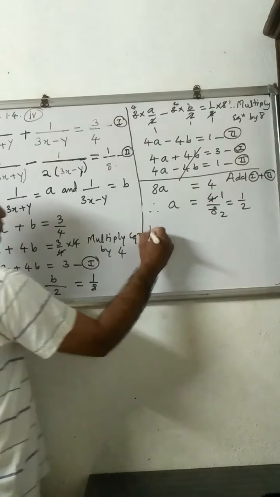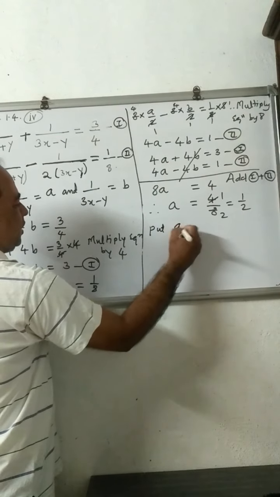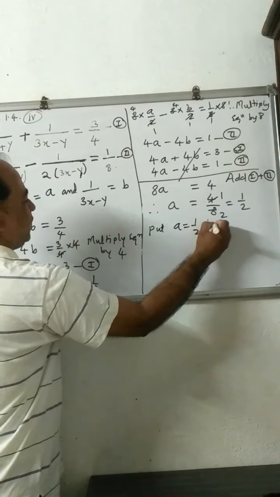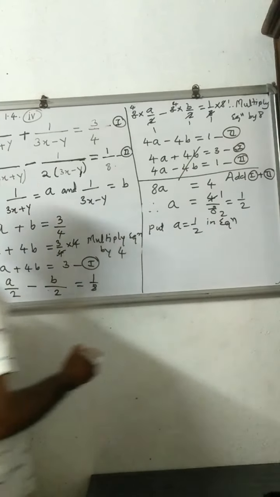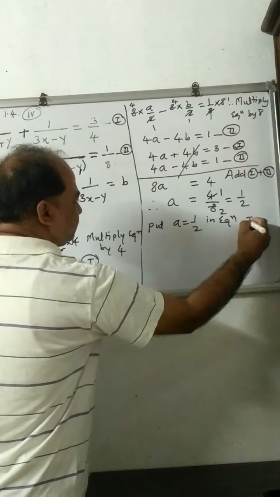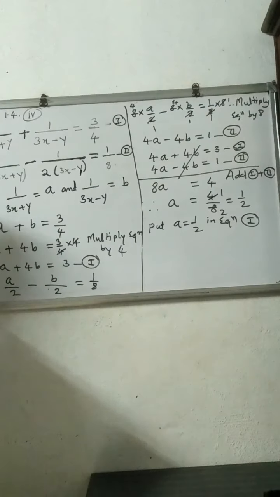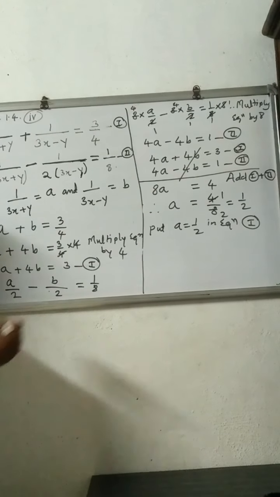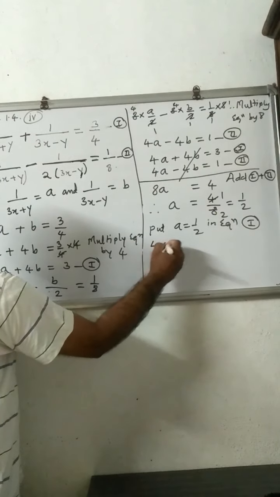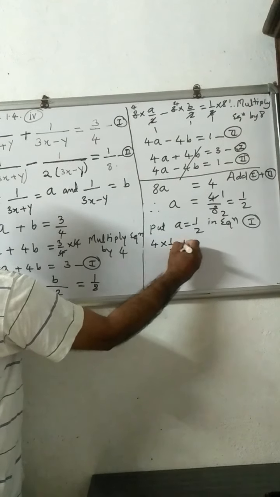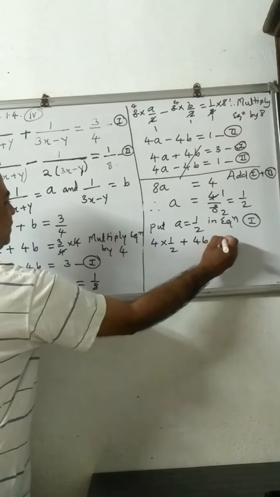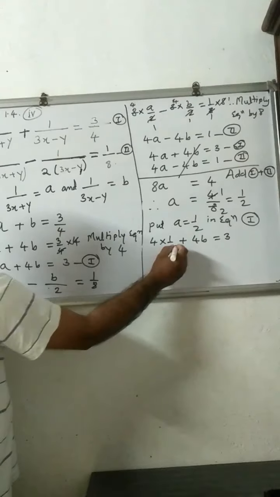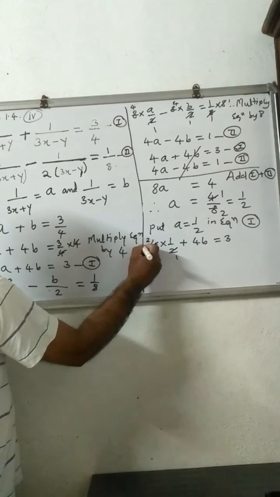Put a equal to 1 upon 2 in equation first. So 4 into 1 upon 2 plus 4b is equal to 3. 2 ones are 2, 2 twos are 4.